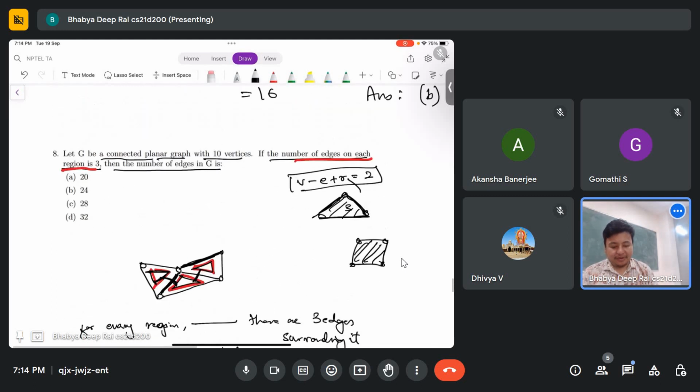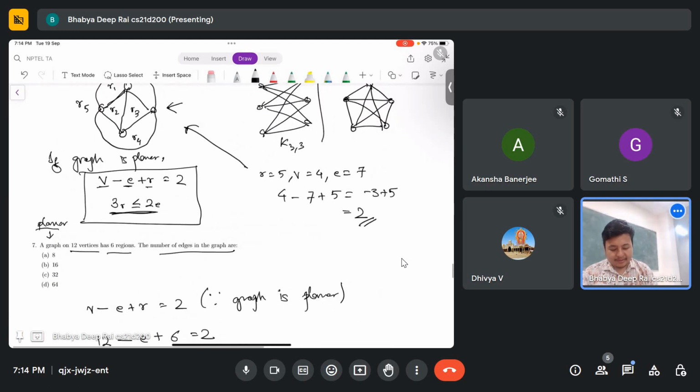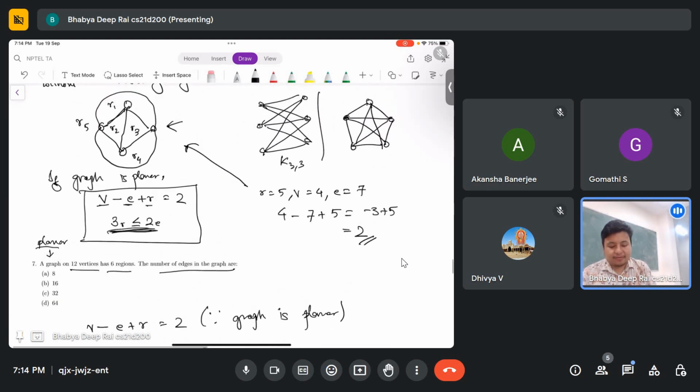So also, previously I think this did not work, because this is not a simple graph. There are two edges between the same set of vertices, so this formula will not work for this graph.